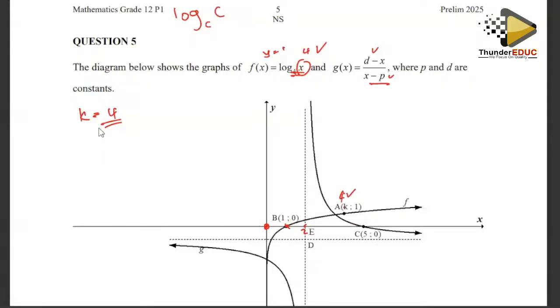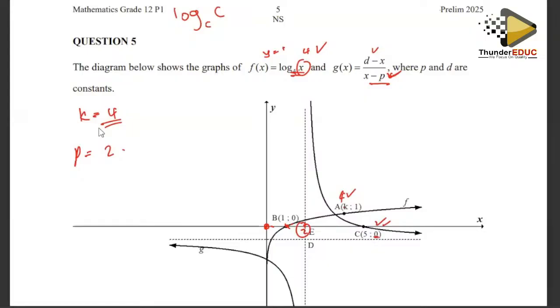Then p is the vertical asymptote, which we found here to be 2, because they told us this distance is the same. So P is going to be 2. Then we can do the substitution to find D. Let's use point C, because it's also part of the graph.